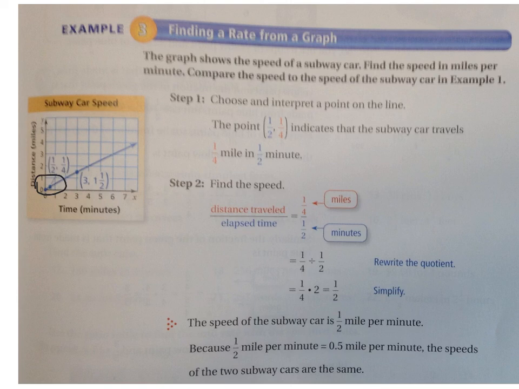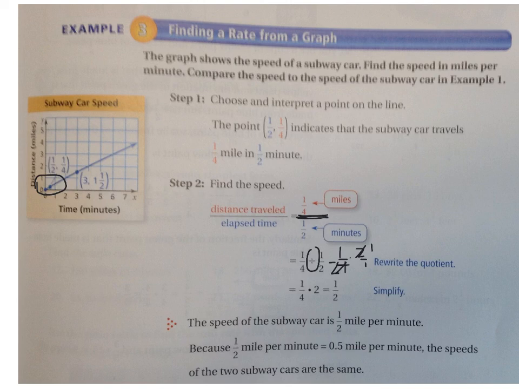So really we're kind of just simplifying that fraction. It just looks funny because we're not used to seeing fractions in fractions. So if we take 1/4 and 1/2, and we remember that fractions are just division problems, then we go 1/4 divided by 1/2, and we remember to keep, change, flip, look for where we can cross cancel.